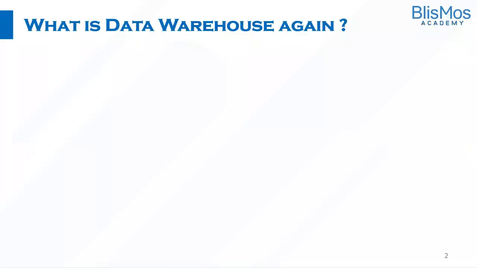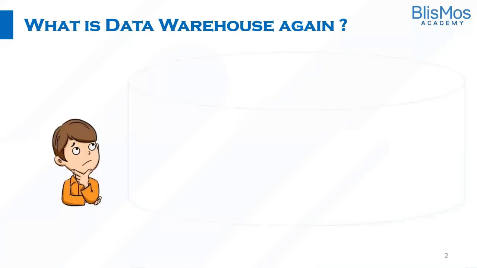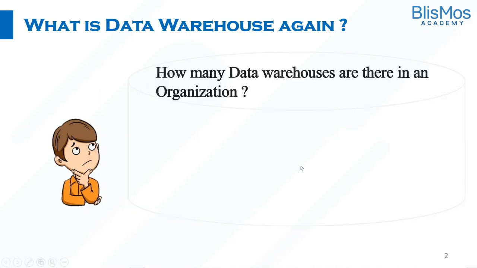Before we know what is data mart, what is data warehouse again? We learned data warehouse is a subject oriented, integrated, non-volatile, and time variant collection of data to support management decisions. If I ask you a question, how many data warehouses are there in an organization?